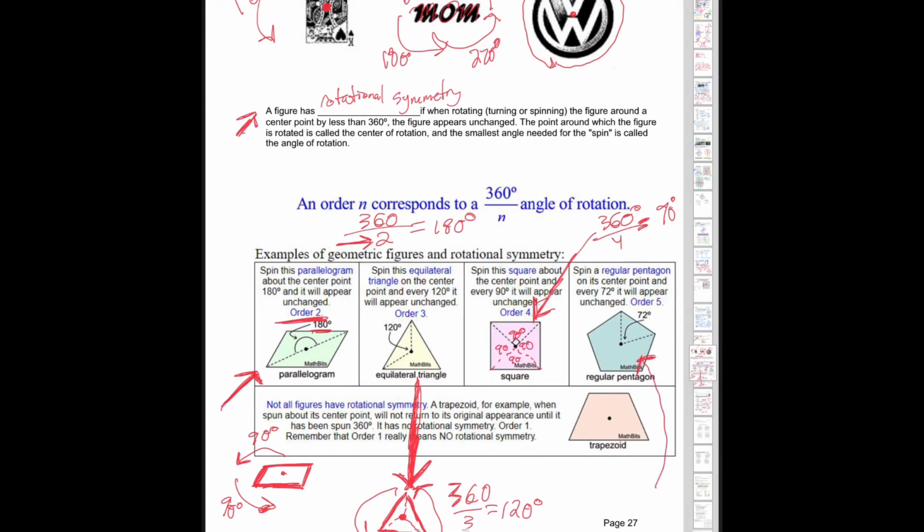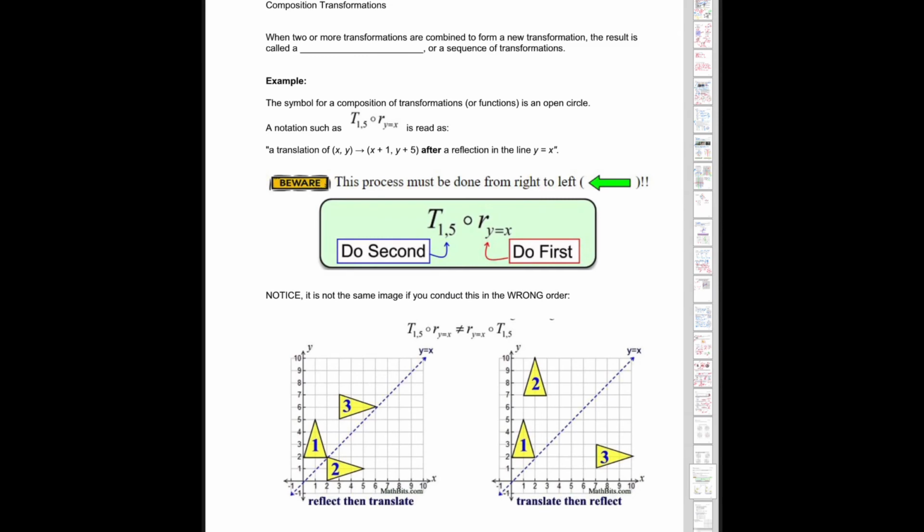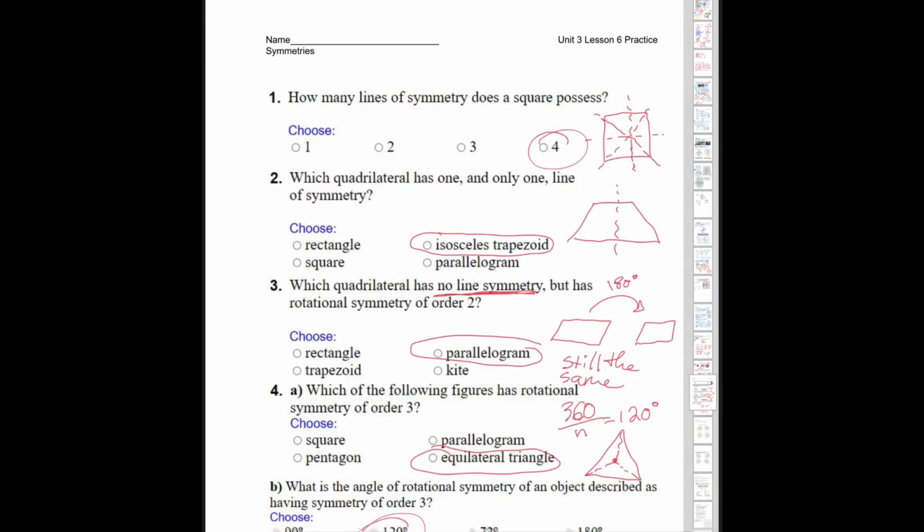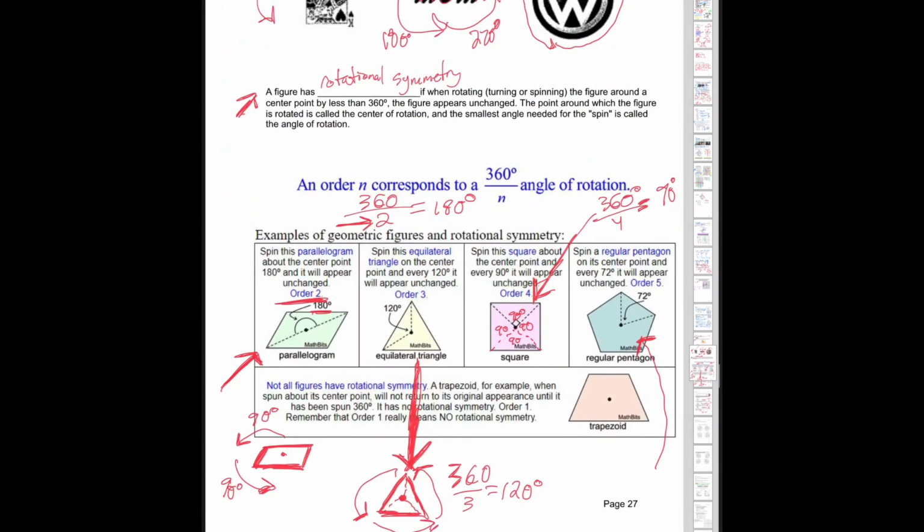A pentagon also has rotational symmetry. So if we spin a regular polygon on its center point, and every 72 degrees it will appear unchanged, the order was 5.